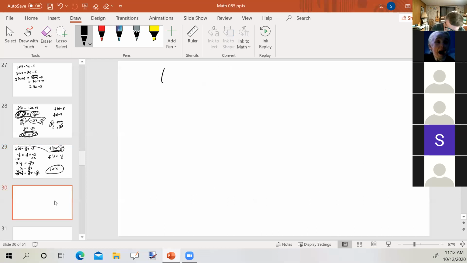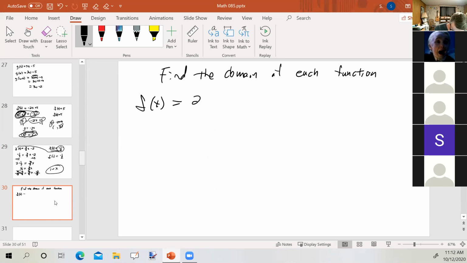Now, we're going to find the domain of each function. f of x equals 2x plus 1.